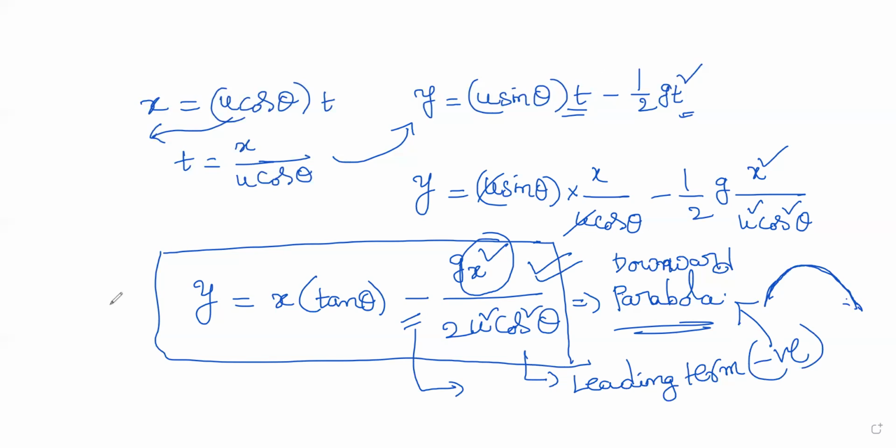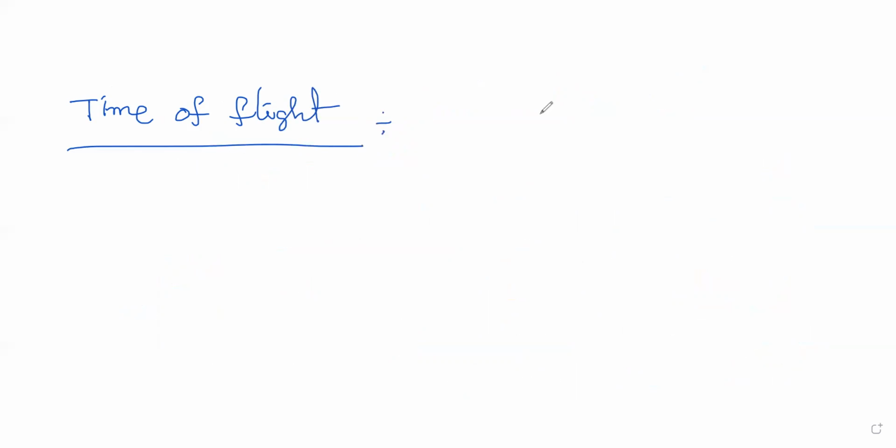So this is the equation of the projectile motion. Next one is what we have to calculate is the time of flight. So to calculate time of flight, it has gone like this and then it is ending up like this on the ground. So finally the y displacement is 0.